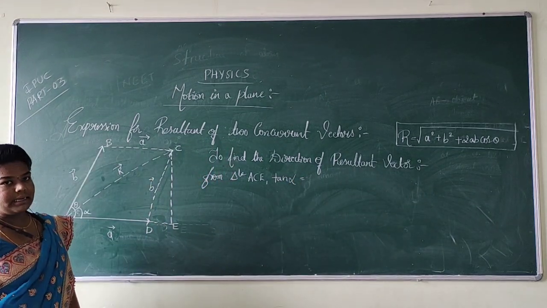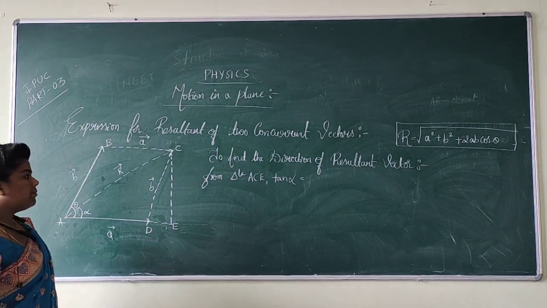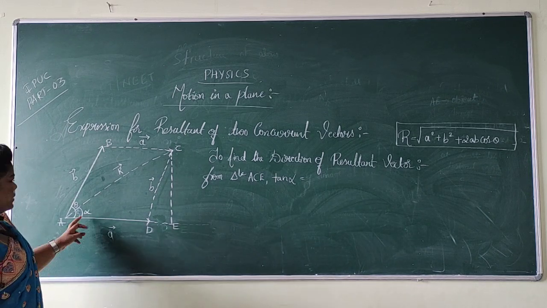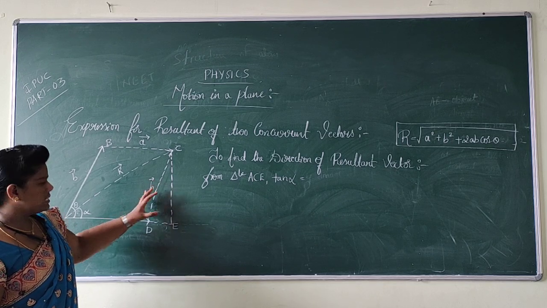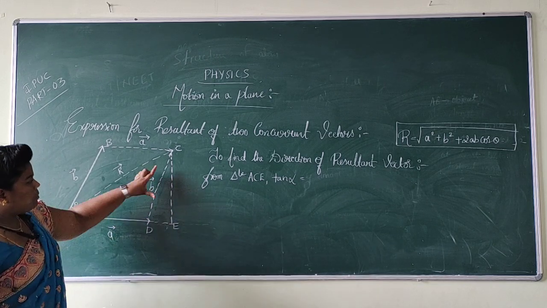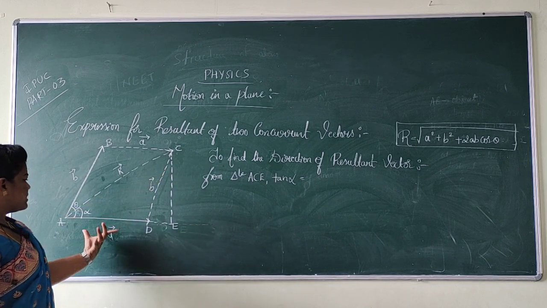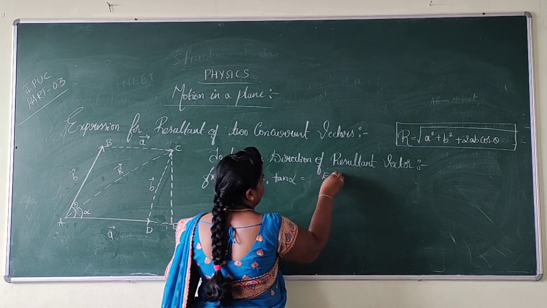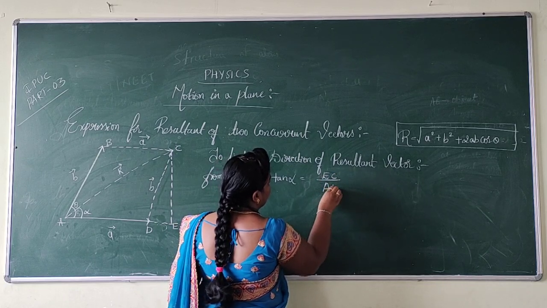You know from mathematics, tan theta can be written as opposite by adjacent. Here this is the opposite and this side is the adjacent. Opposite is CE, adjacent is AE. So EC divided by AE.